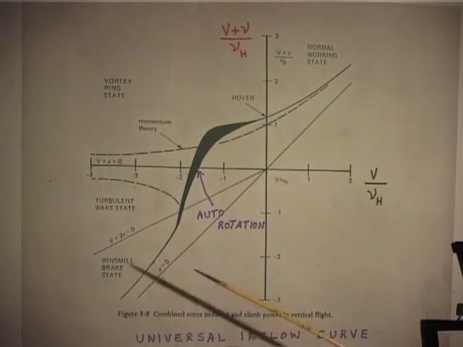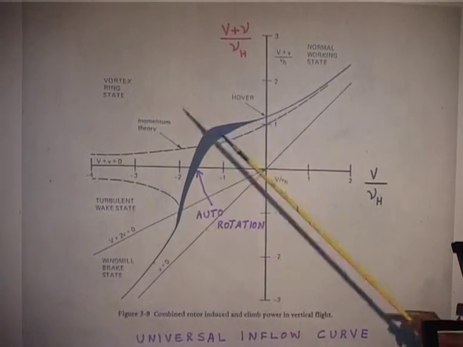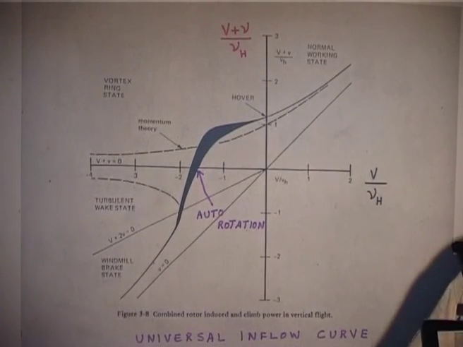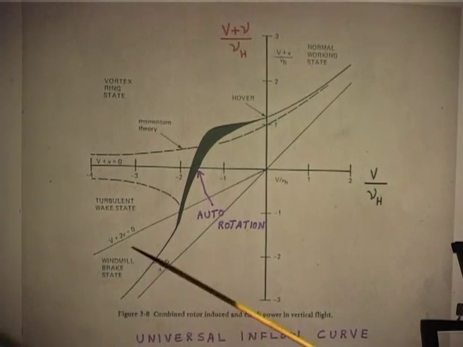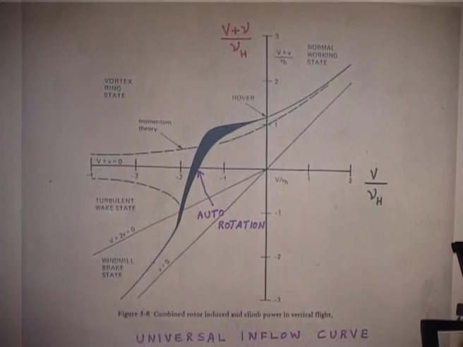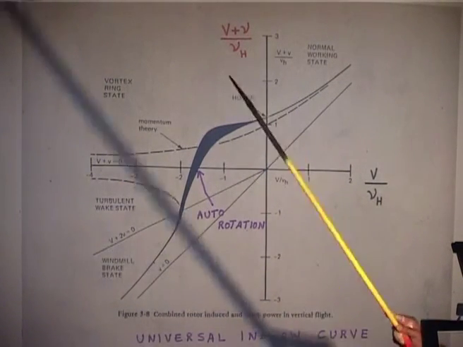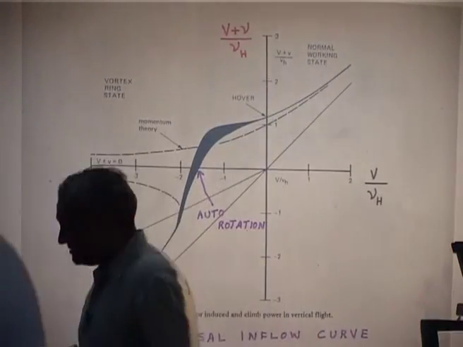That means for the descent velocity in this zone, I will do an approximation to say what my inflow is. I am just going to assume some simple linear expression, and then I will be able to arrive at V plus nu. I will show you what is done, and that curve you can use for predicting any auto rotation situation. Okay. Is it clear?